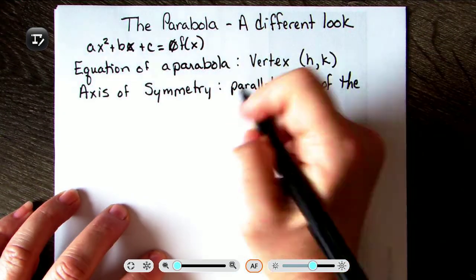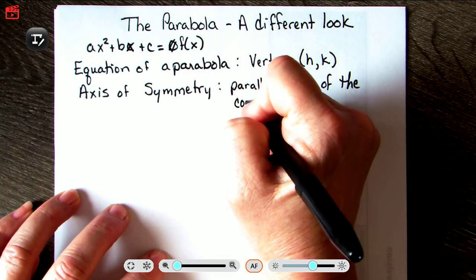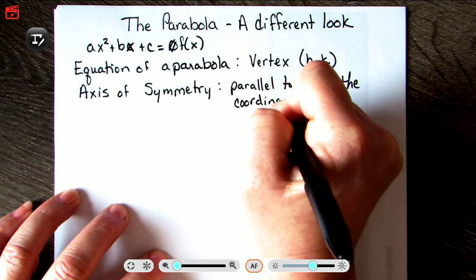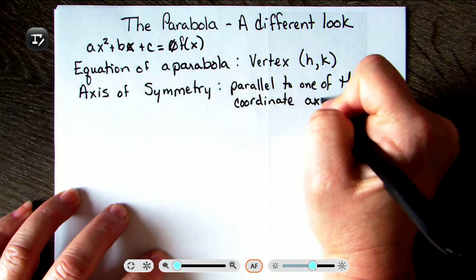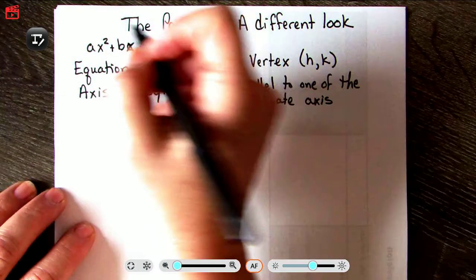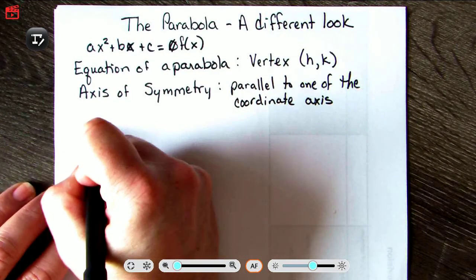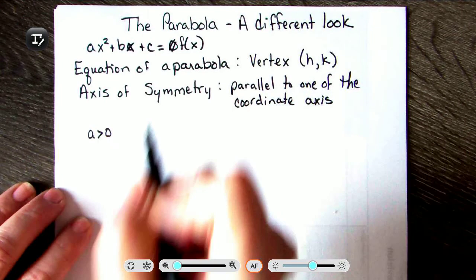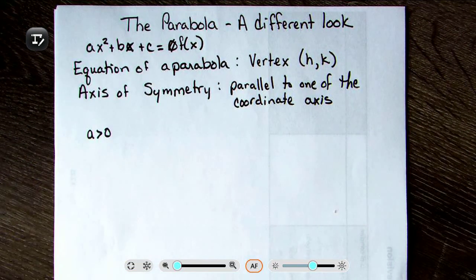So either the x-axis or the y-axis. And in all of our problems, this a that we have is going to be greater than 0.